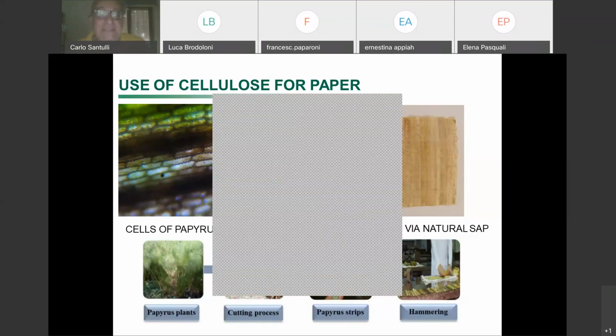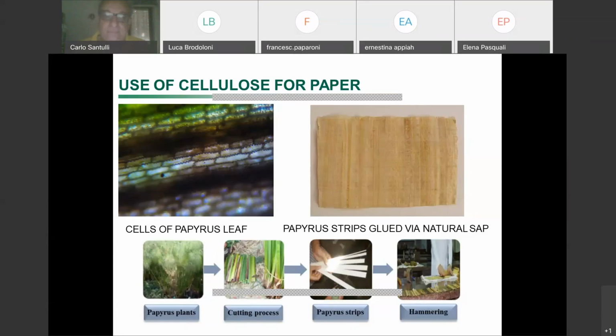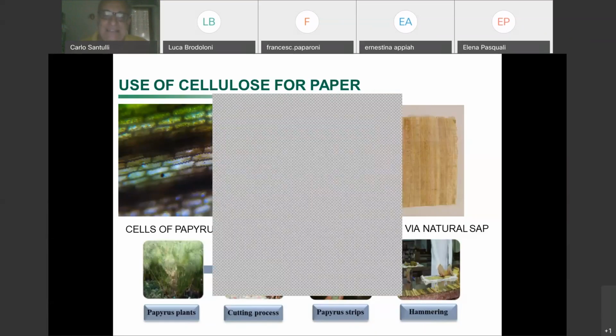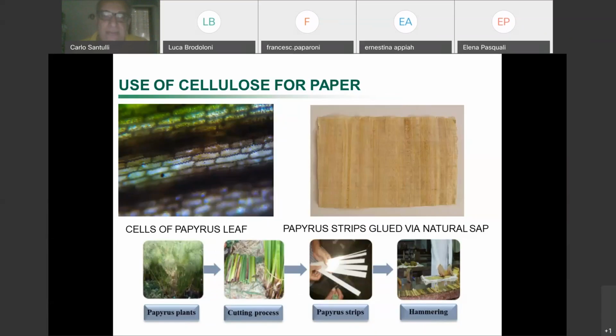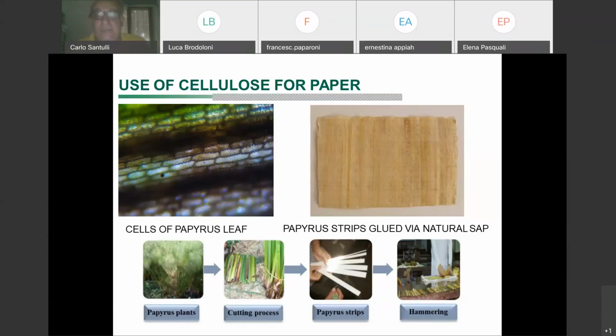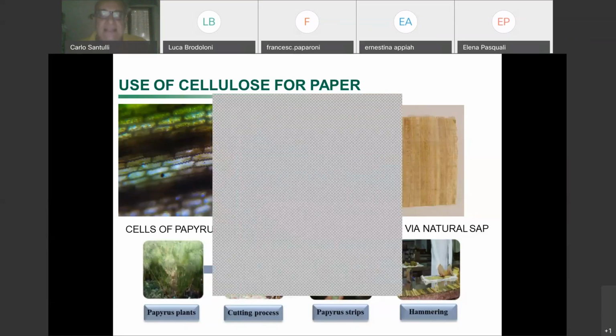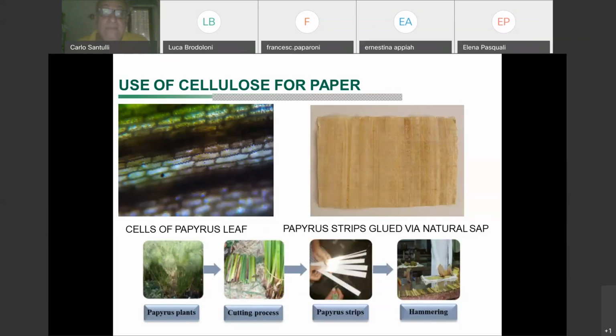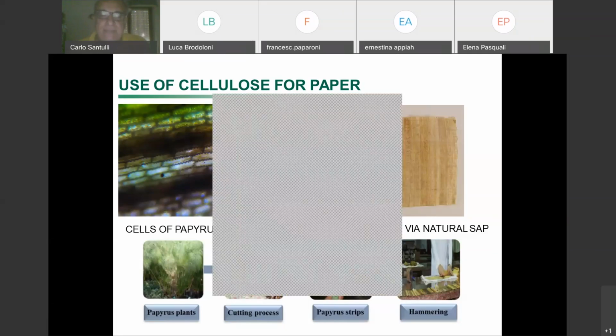They started building it from some plant leaves, using papyrus plants, and they were gluing them with some natural extract from the same plant. This is very interesting, to glue something with an extract from the same plant. It's completely sustainable. In fact, we found some paper strips, papyrus. In fact, the name paper comes from papyrus.